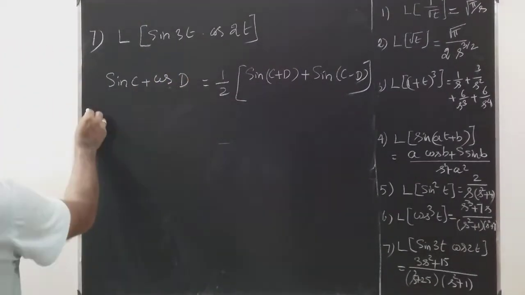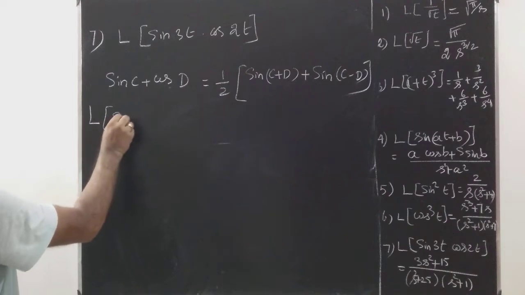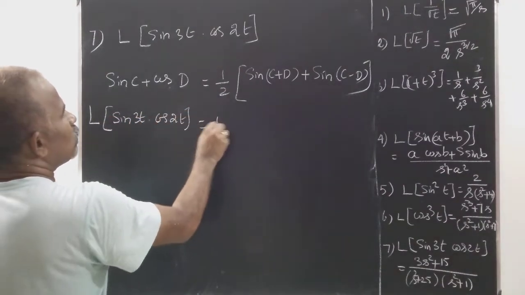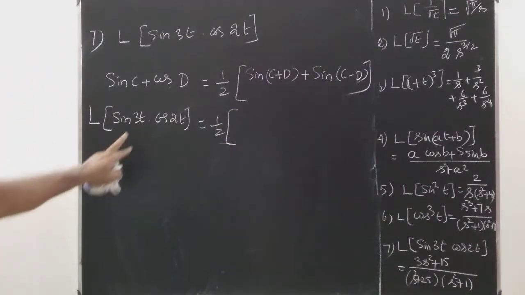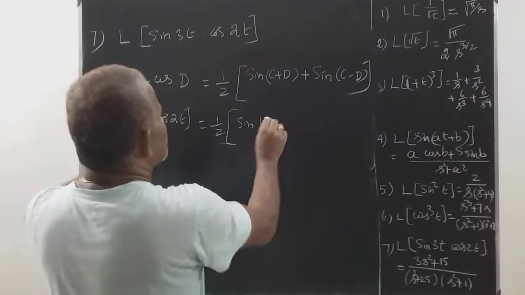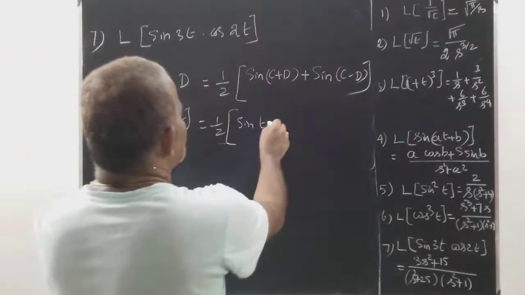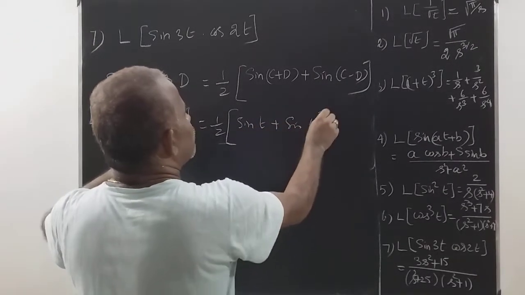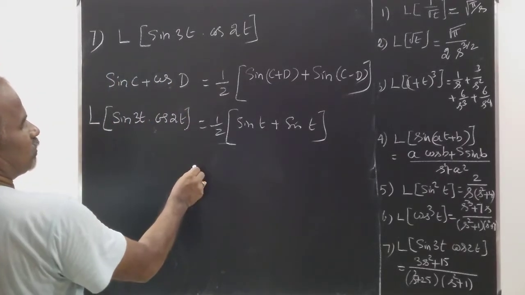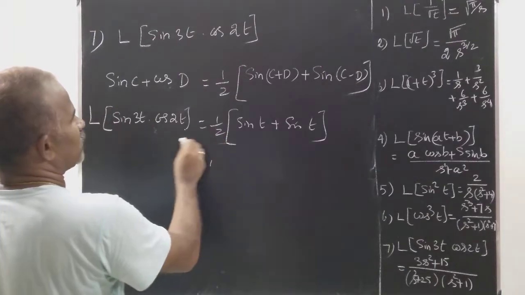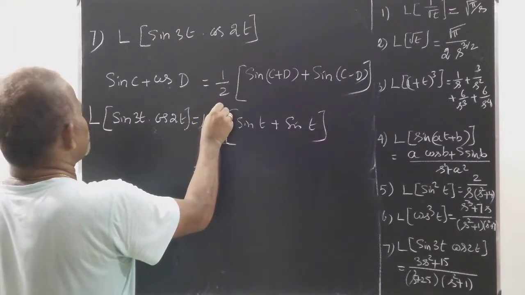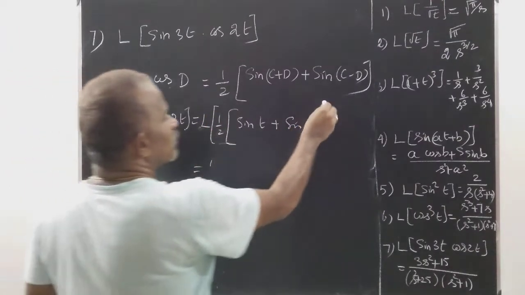Okay. So therefore Laplace transformation of sin 3t into cos 2t is equal to 1 by 2 into sin C plus D, so sin 5t plus sin t. Okay. So therefore this is equal to Laplace transformation of 1 by 2 into this.